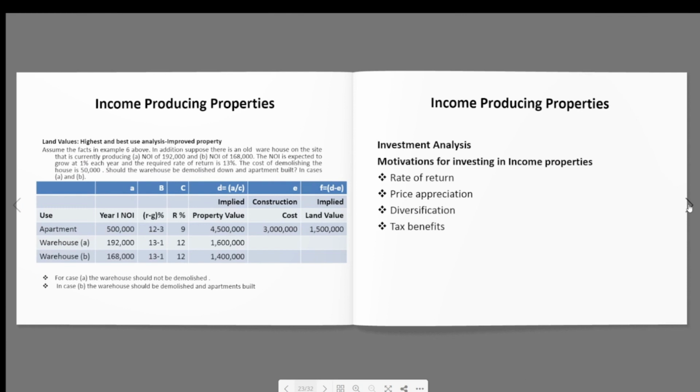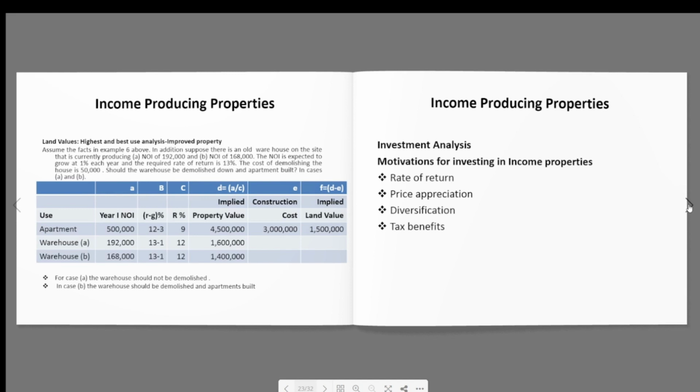Let's also look at another practical example, where we assume the facts in 6 above, which is the previous problem which we had. In addition, suppose there's an old warehouse on the site that is currently producing a net operating income of 192,000 in case A, and in case B, a net operating income of 168,000.